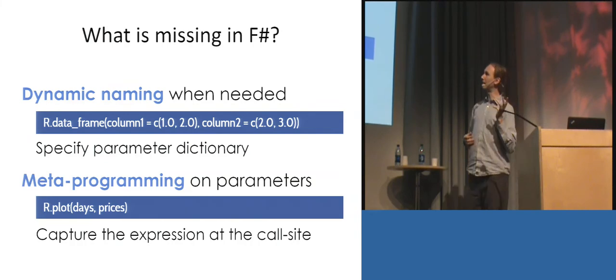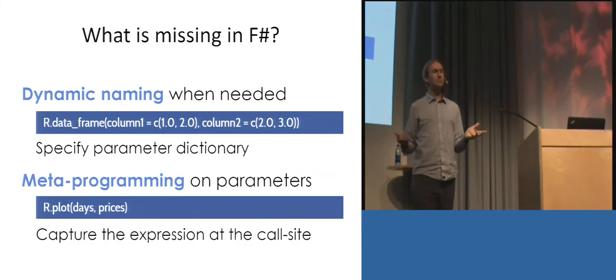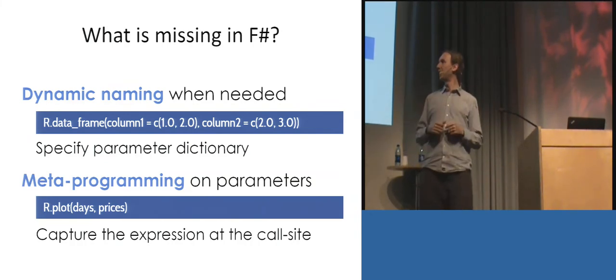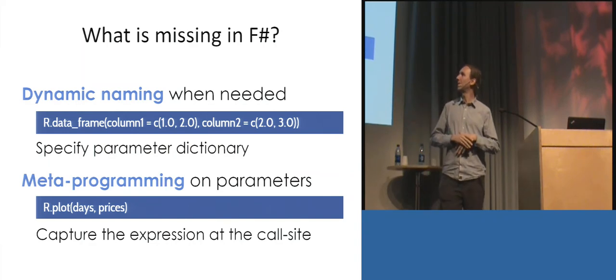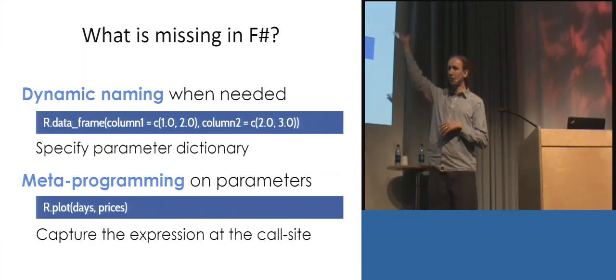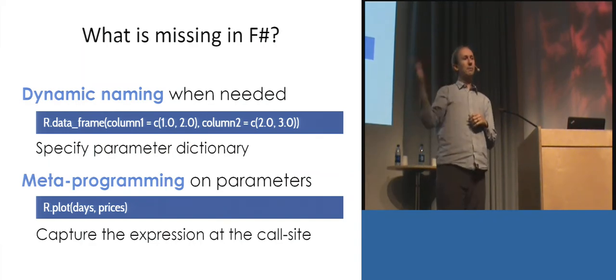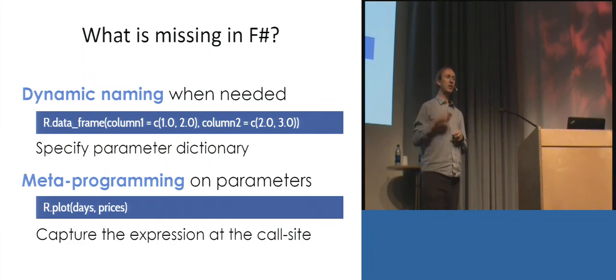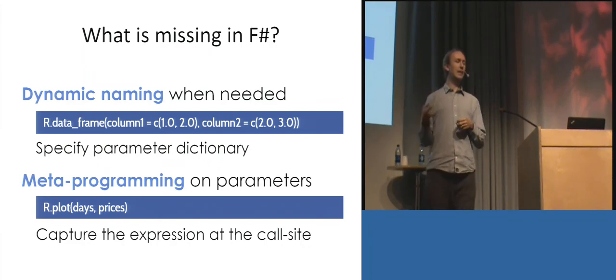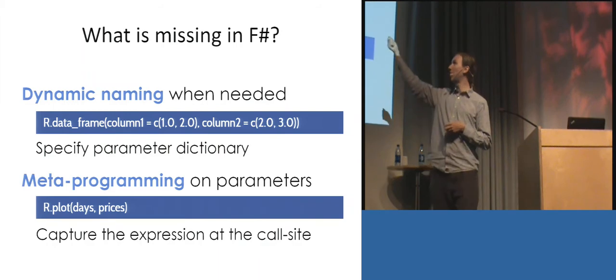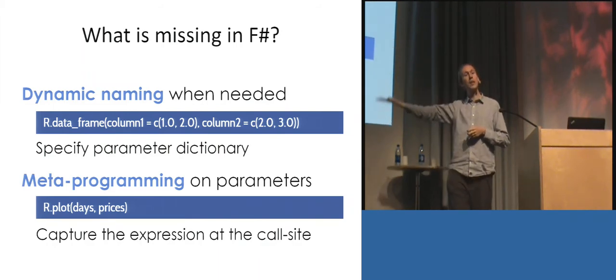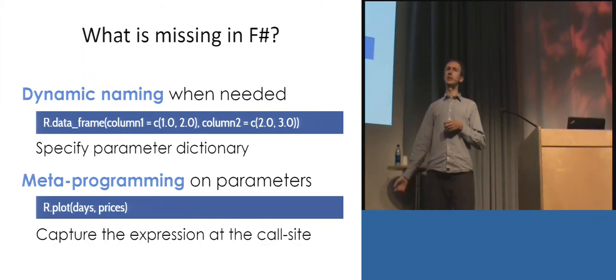There's a few things that would make it nicer, which I think is an interesting thing for people working on programming languages. For example, the first example there, sometimes in R, you really need to give it arbitrarily named parameters. I can create a data frame and just use column names as the parameters.